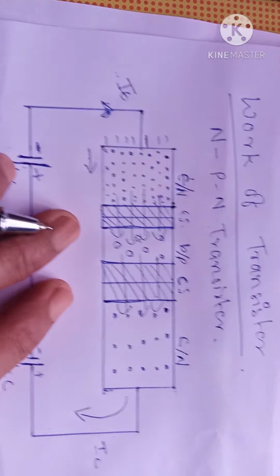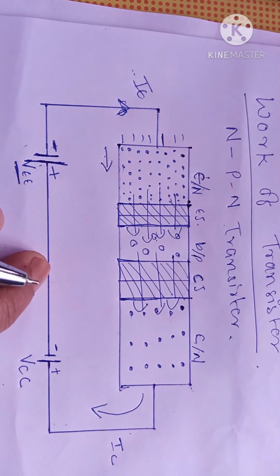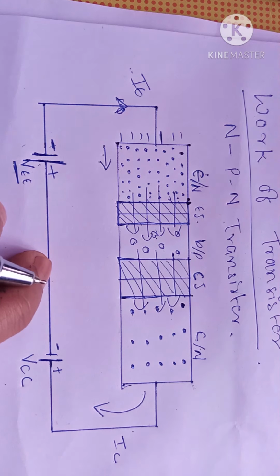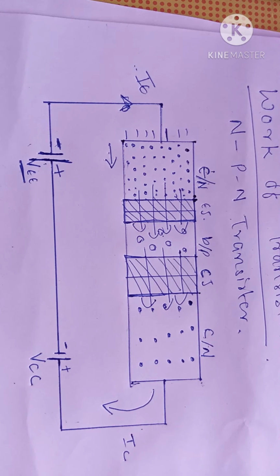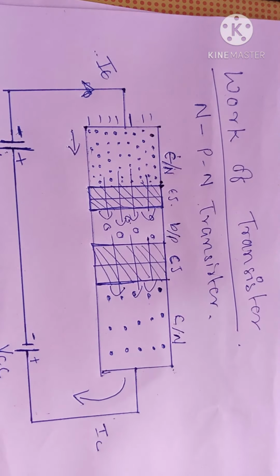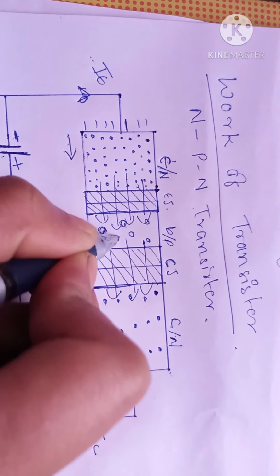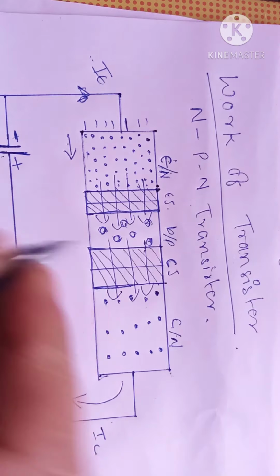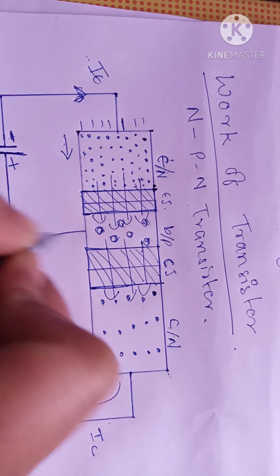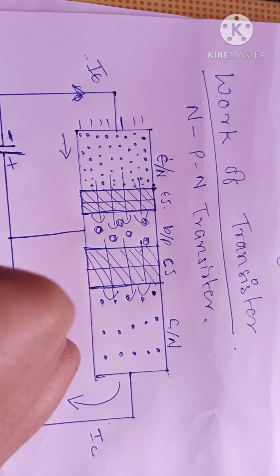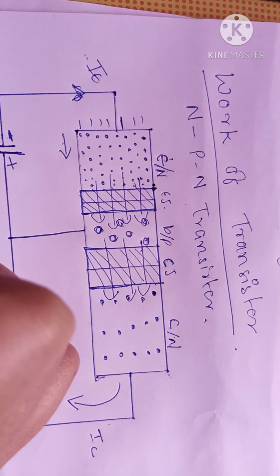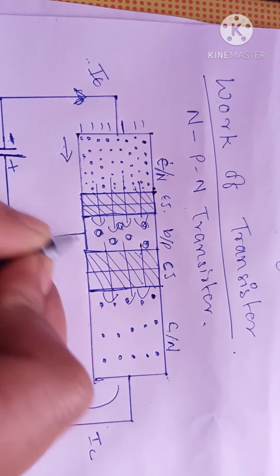Electrons that settle in holes, because of the negative tendency of electrons, are always attracted by the positive terminal.